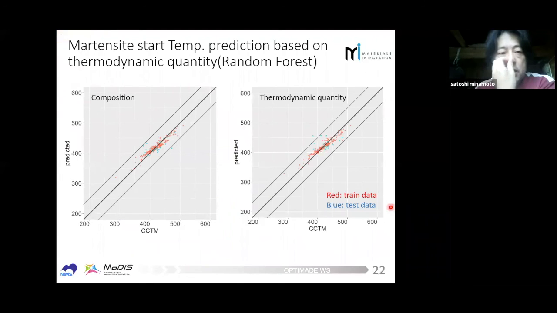And here is just an example to predict the martensite start temperature in steels. On the left, the descriptor of the prediction model is the composition. And on the right, the descriptor of the prediction model is a thermodynamic quantity. The number of descriptors is less than composition here.